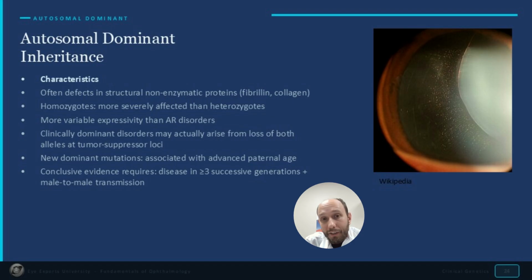Now you need to have conclusive evidence that this is autosomal dominant by having 3 more generations because otherwise it could still be random, or you can do gene testing. Gene testing solves all the problems and this is a known mutation. Now, interestingly, the de novo mutations are in elderly males. So if you're an elderly male thinking about having children, you could make a de novo mutation.